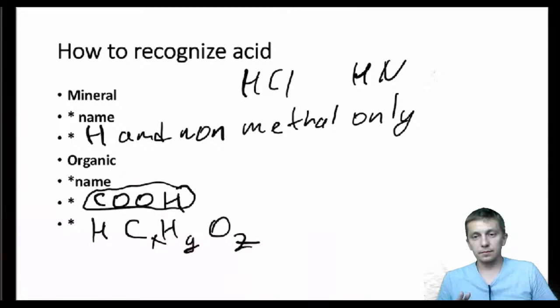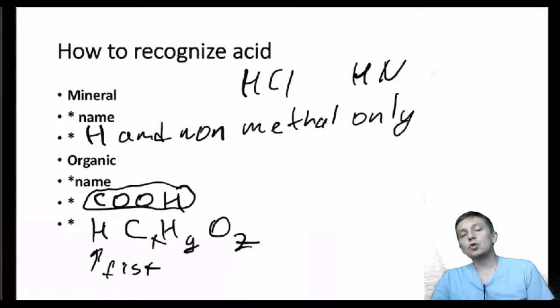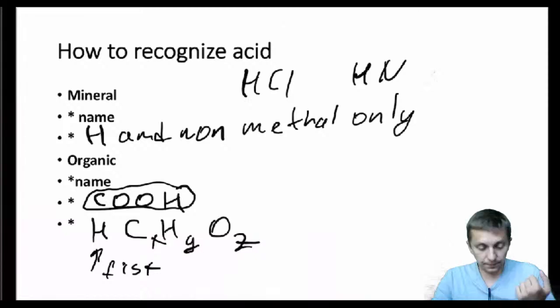So if you have an empirical formula, there is no way to find out if it's an acid, base, or salt if you deal with organic. But if you have a structural formula, it must present COOH, or it's almost like an empirical formula, but you write two hydrogens separately and one of them at first. It means in the formula someone shows you information that you're dealing with acids, especially. So without any information about structure, you can't say.